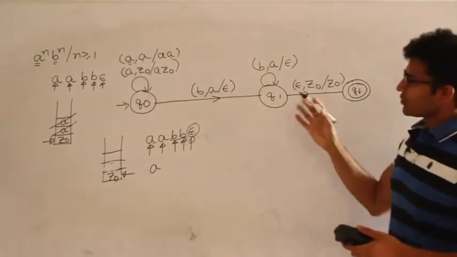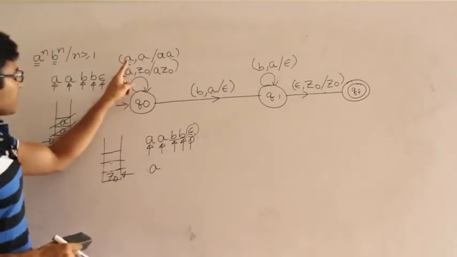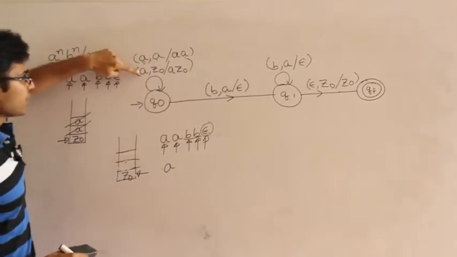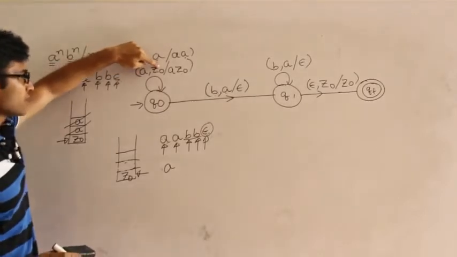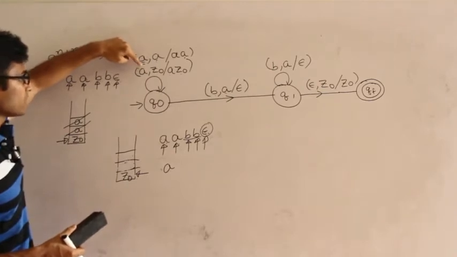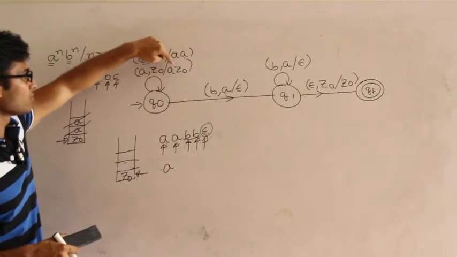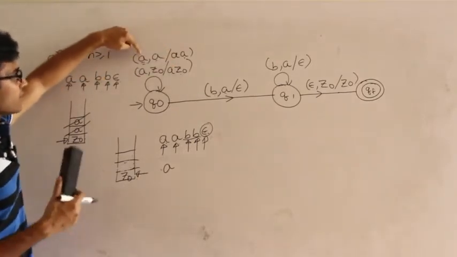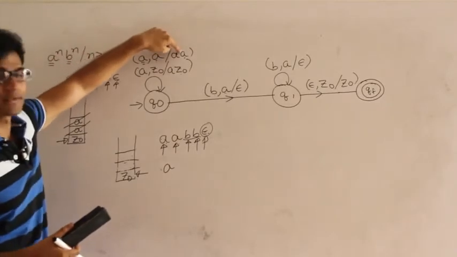So that is how the push down automata is built. Just understand what we did. Initially, as long as you see A's, only A is allowed, isn't it? Why? Because if the top of the stack is Z0, it means it is the first symbol. I am only allowing A. So if I see a in the input and Z0 on the top of the stack, I am going to push A. And then there will be A on the top of the stack and A in the input, and I'll keep on pushing A's.